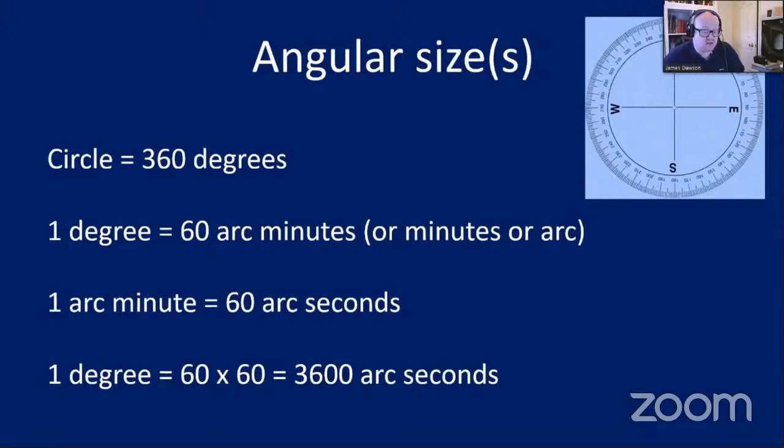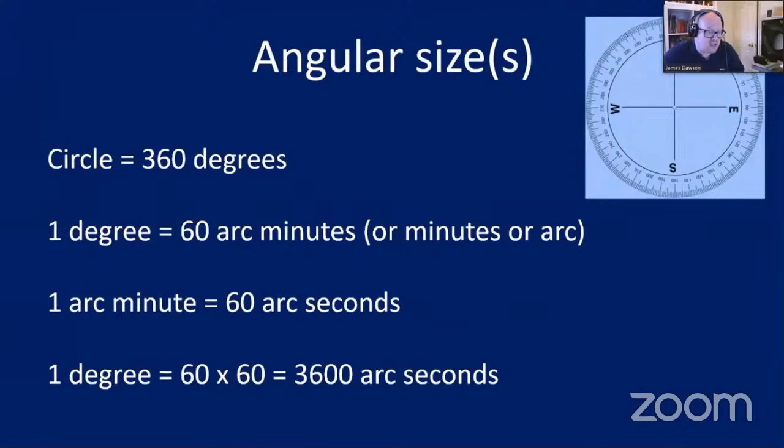And that's often written as 60 with a single quote mark. And if you take one of those arc minutes, that in itself is made up of 60 arc seconds, and that is written with 60 and a double quote mark. I always remember second, like 2, so that's got 2 quote marks.